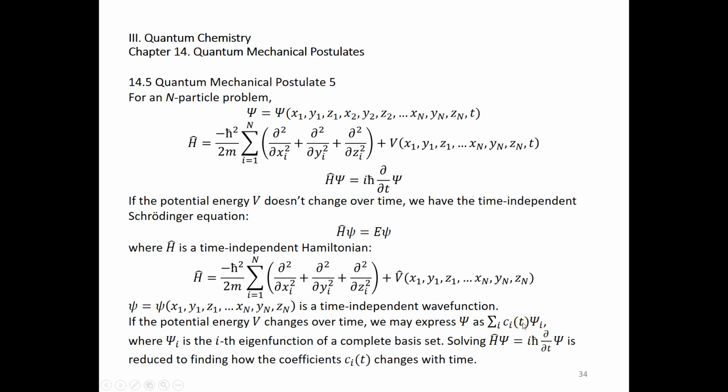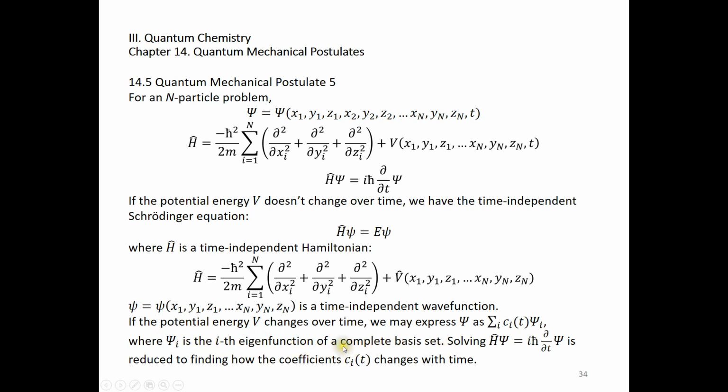That means the probability associated with psi_i may change with time. That corresponds to the change of, for example, the electronic structure in an atom or in a molecule. If we're using this to describe the electrons in an atom or molecule, again, psi_i is the ith eigenfunction of a complete basis set.